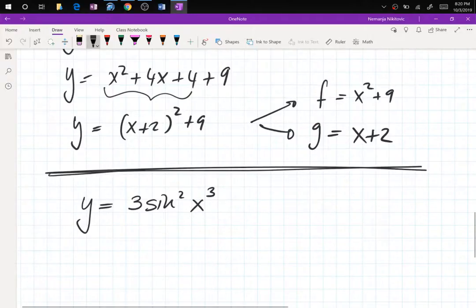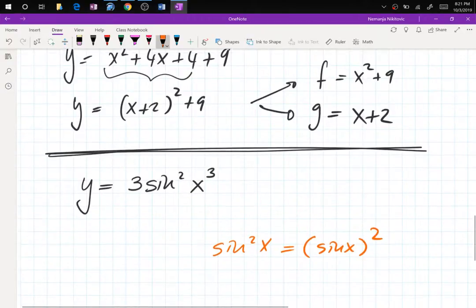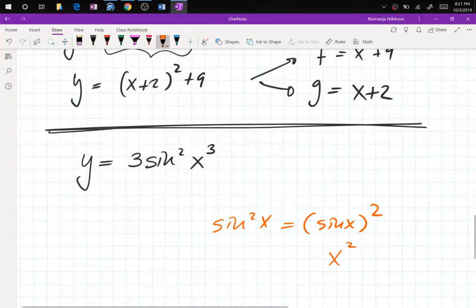Do we all see the function x cubed? Yep. Do we all see function sine x? Yep. Those are the easy ones to see. Now, do you also see x squared function? Yeah. You should, because I'll write this and then delete it. Sine squared x is the same as sine x everything squared. So doesn't this just look like x squared?